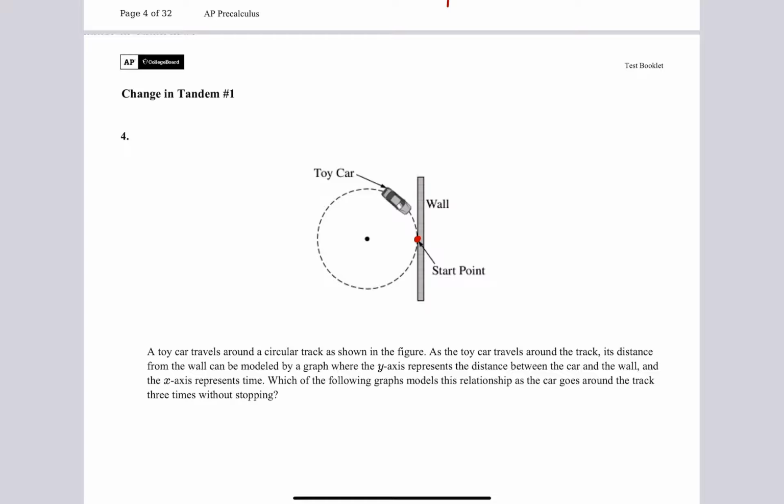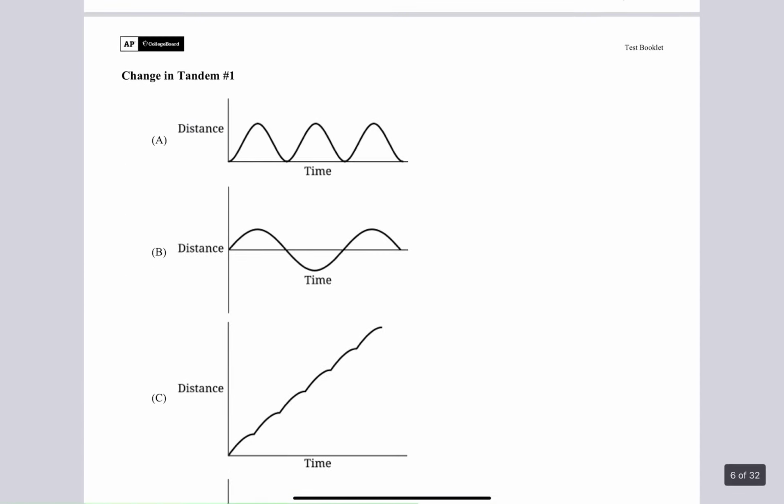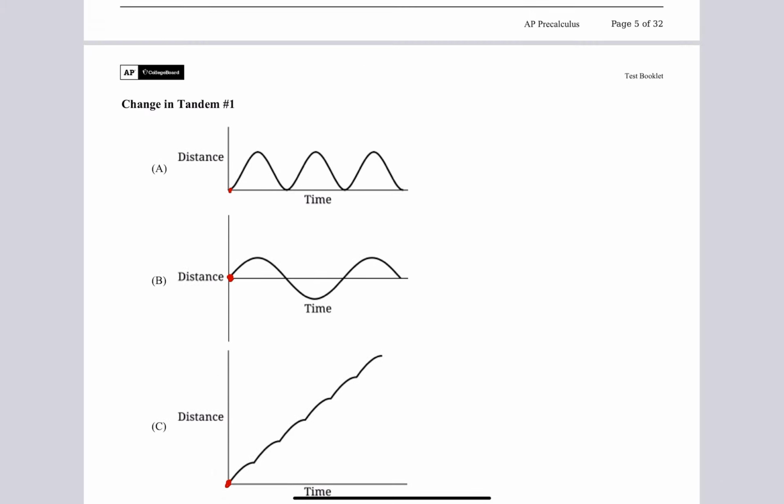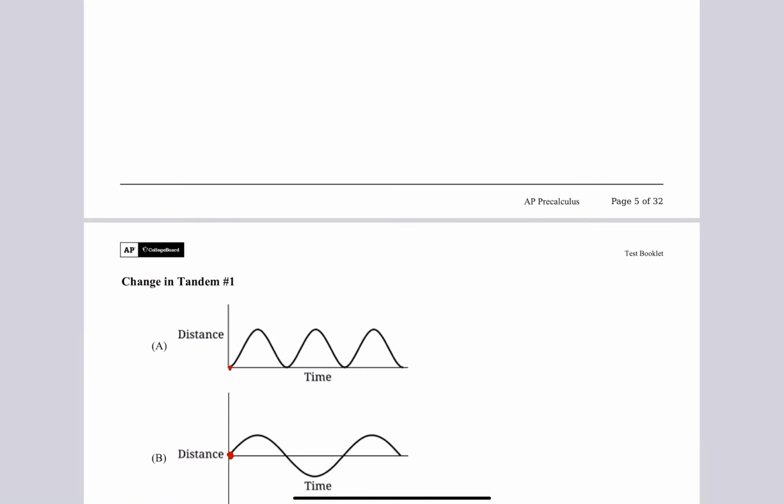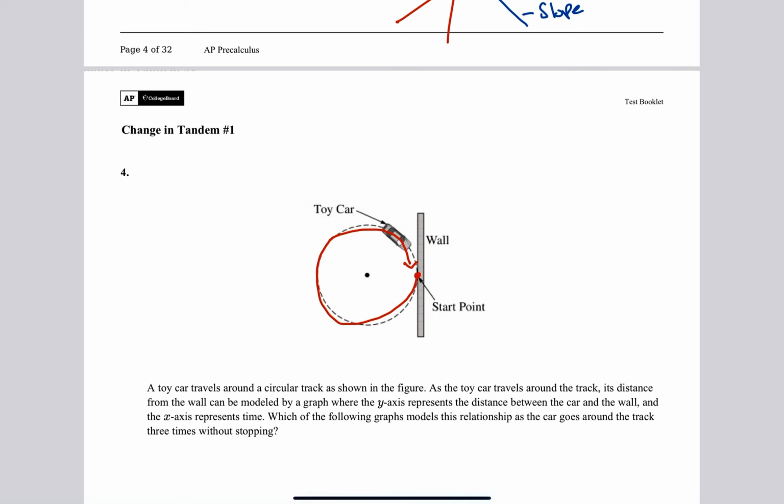So this is the starting point, and this is the starting point, and starting point. Now remember, the car is always coming back to the starting point, right? And what does y represent? Y represents the distance, where the y-axis represents the distance between the car and the wall.